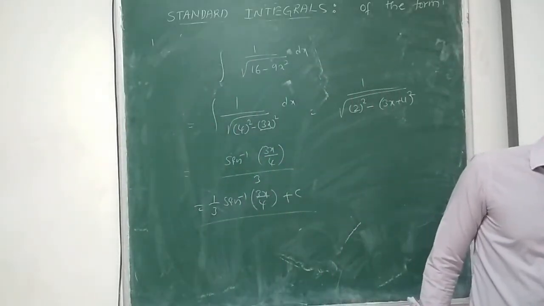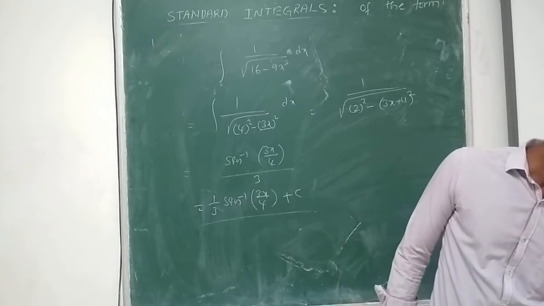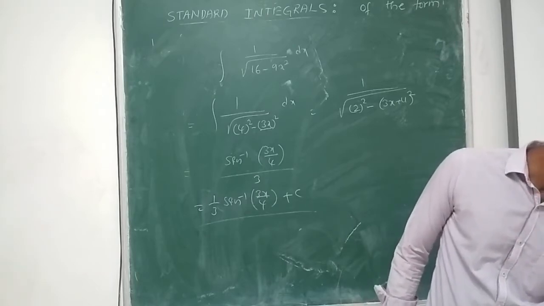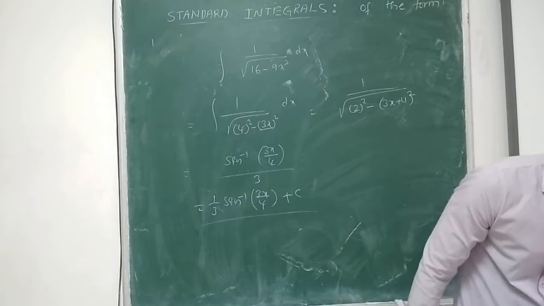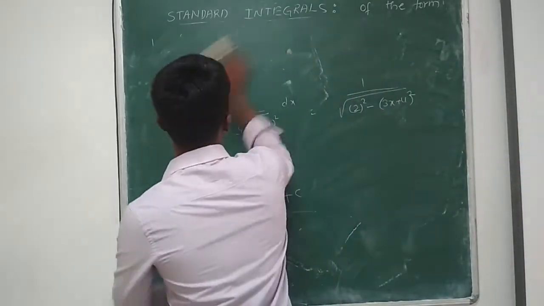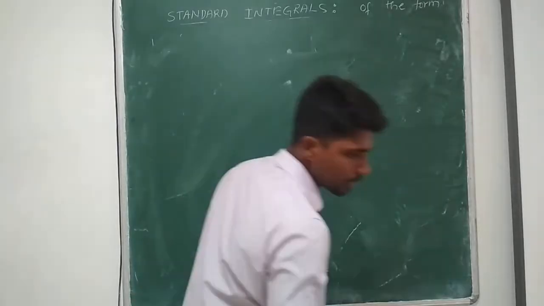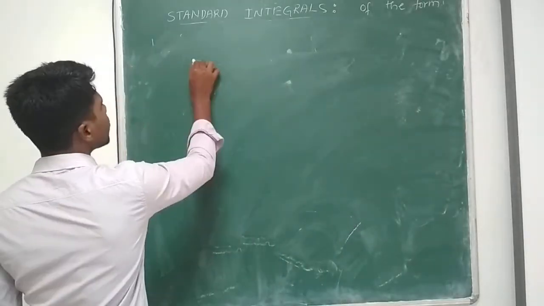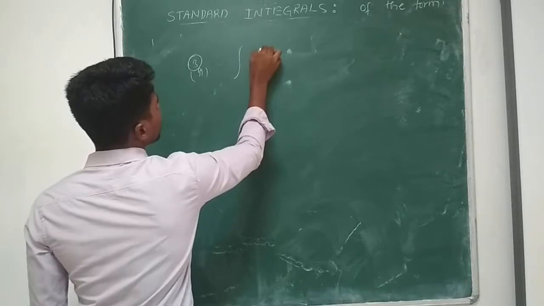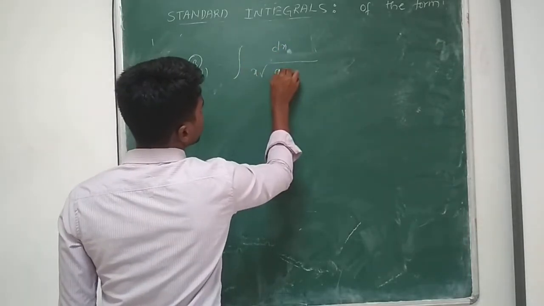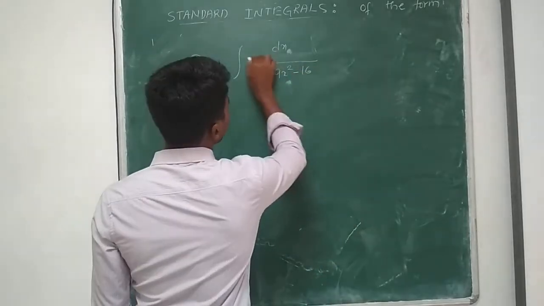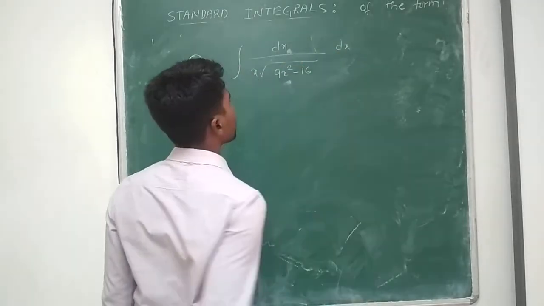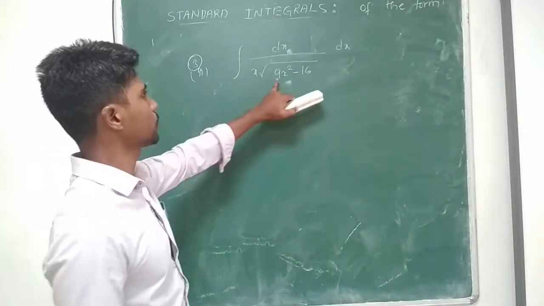Integral of dx by x into root over 9x square minus 16. As usual, we have the coefficient of x square as 9.